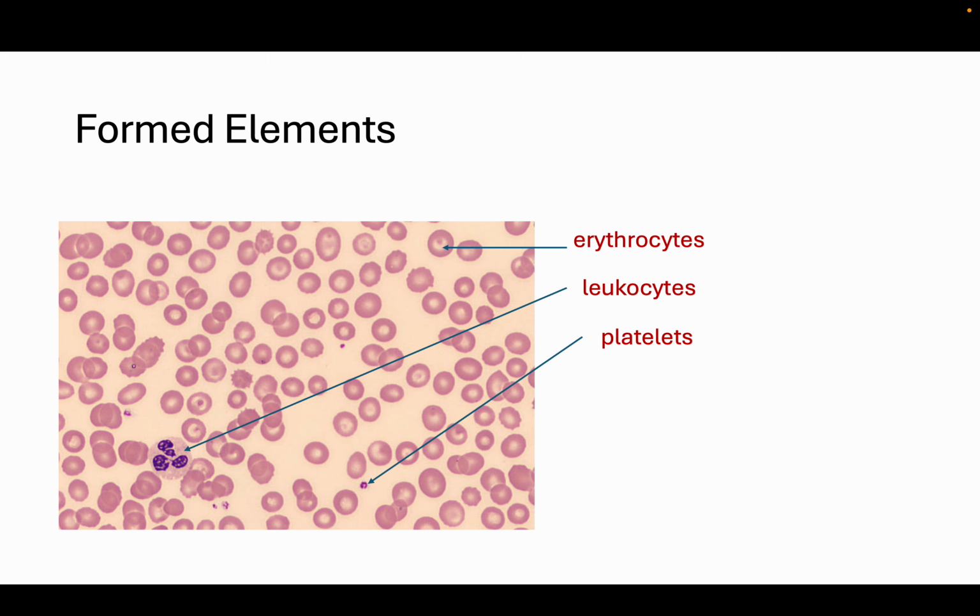However, some of them can stay for an extended period of time, especially memory leukocytes, immune cells. Erythrocytes vastly outnumber the other types of formed elements. We're going to talk about each of these individually, starting with the erythrocytes.